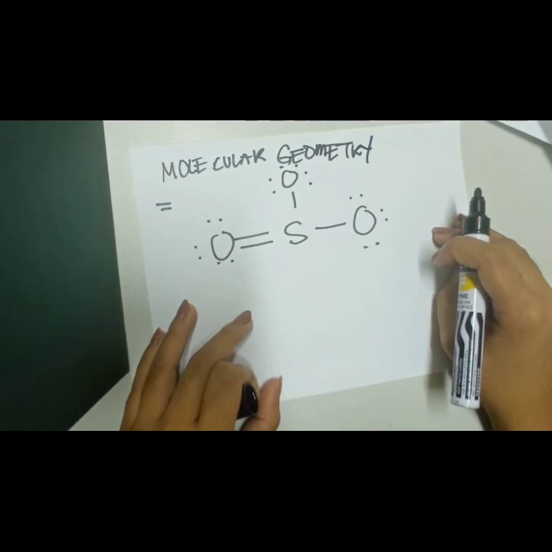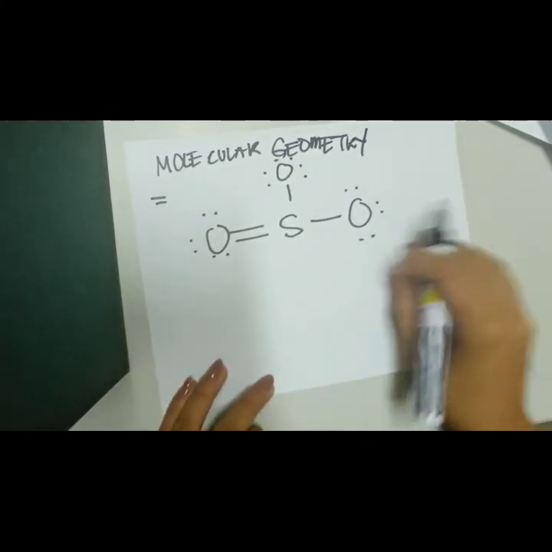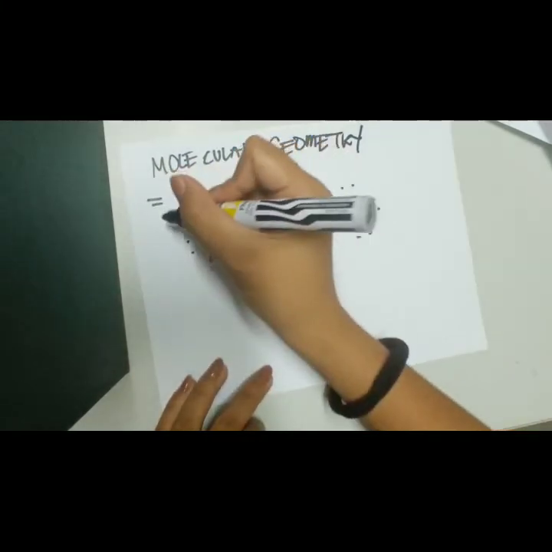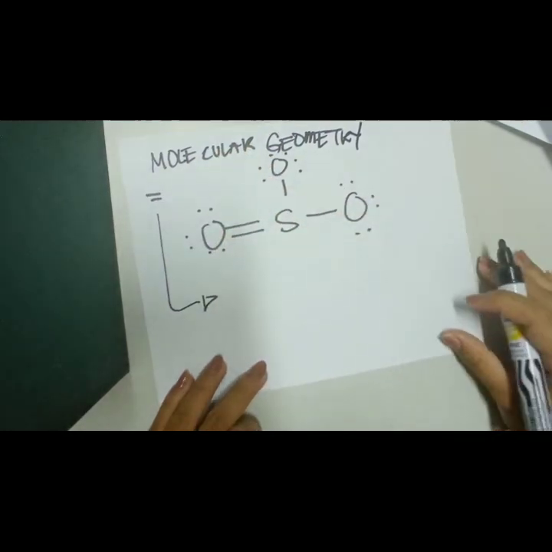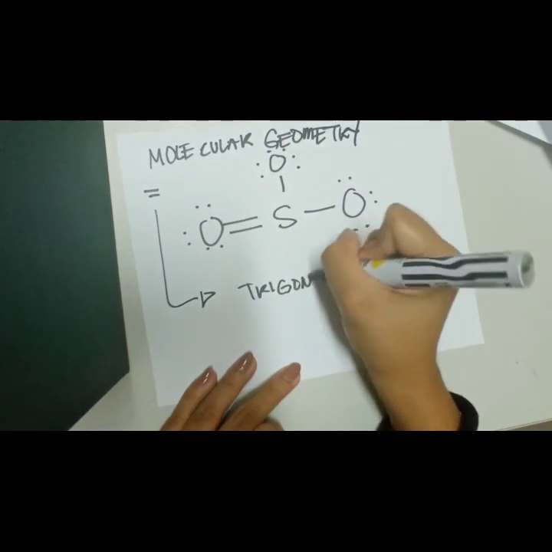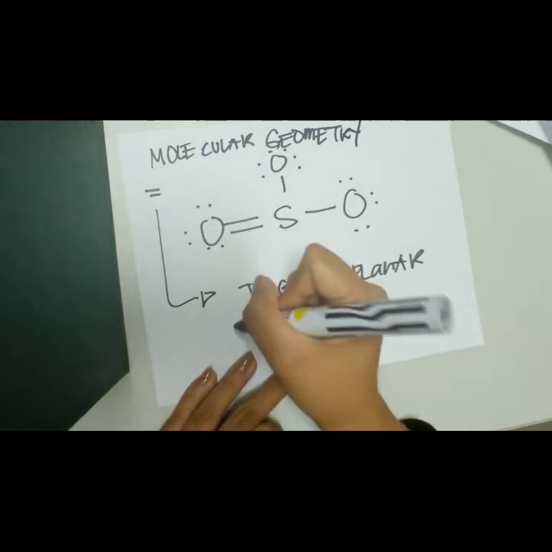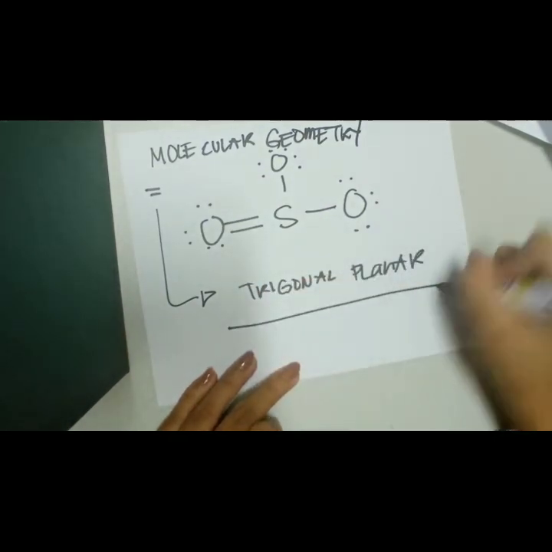Since it is non-polar, the bisulfite ion should be considered as trigonal planar, which is its molecular geometry.